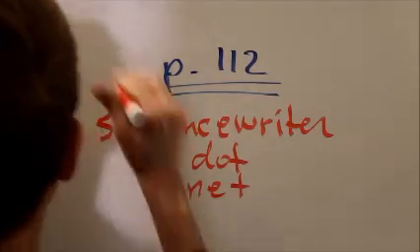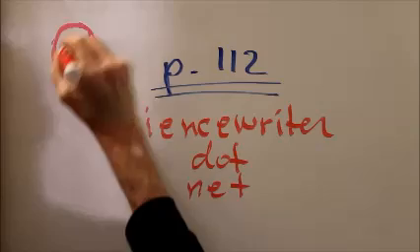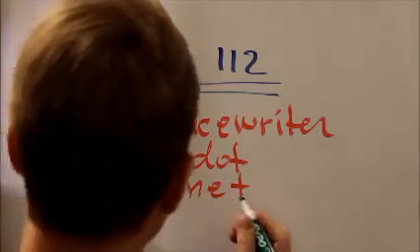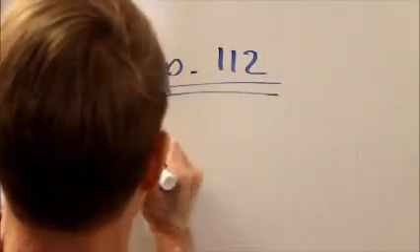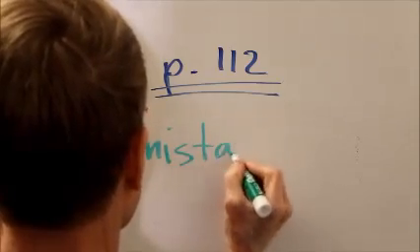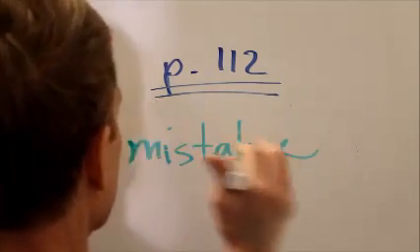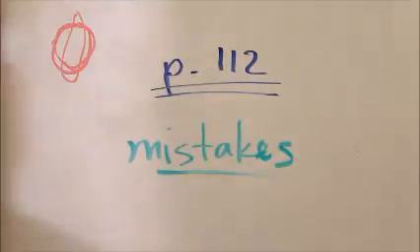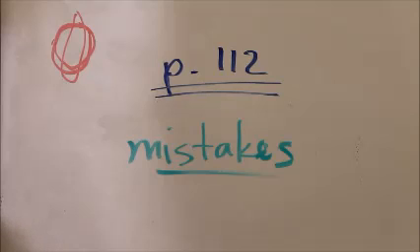Well, it looks like a little thingy with a ring around it or something. At sciencewriter.net, you'll see a bunch of links. Go down and hit the link that says mistakes. Then hit the link for Physics Demystified, 2nd edition, and you will find a description of this mistake.